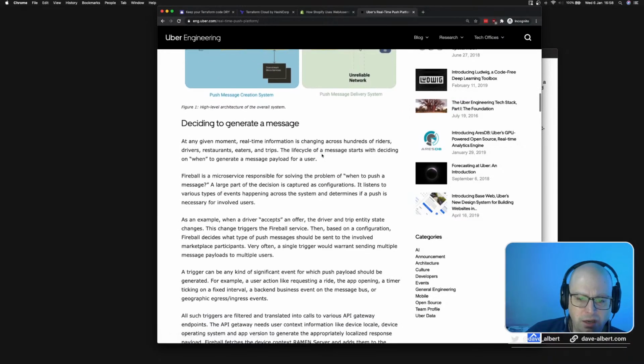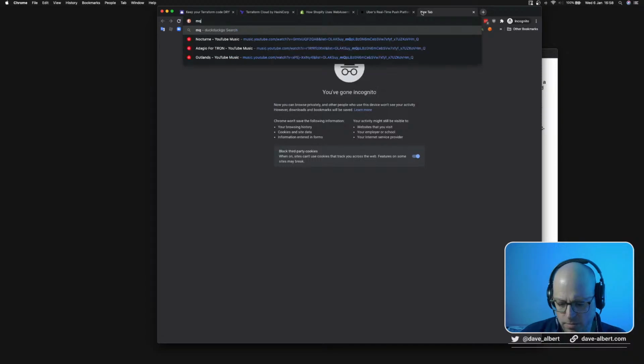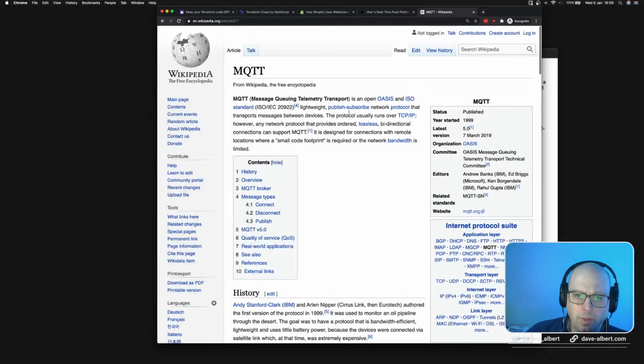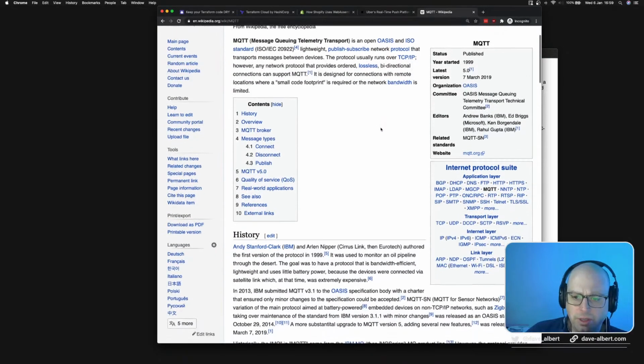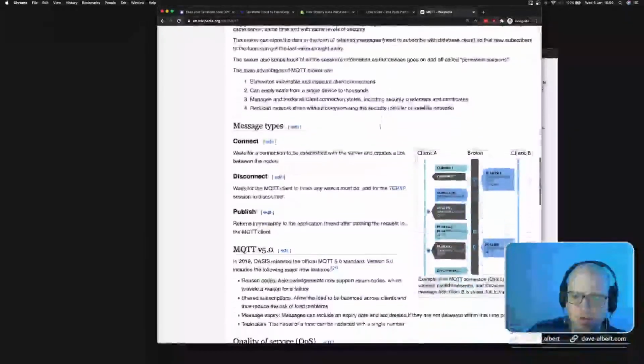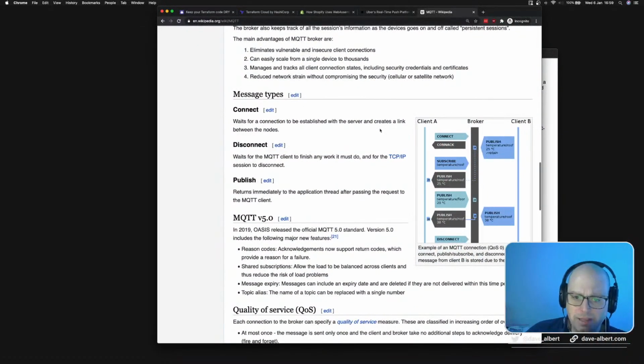Okay, I think I've seen quite a lot of interest anyway in using MQTT. That's the IoT. Right, so it's very low level. It doesn't actually transmit the entirety of messages, but it sends small packets.